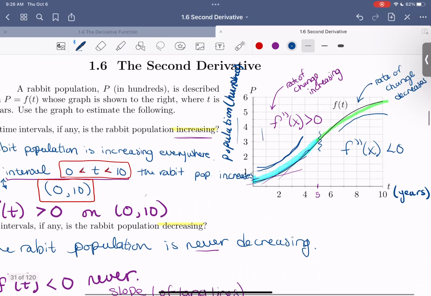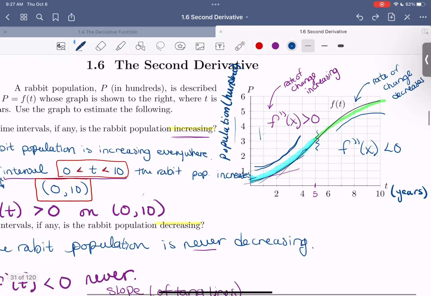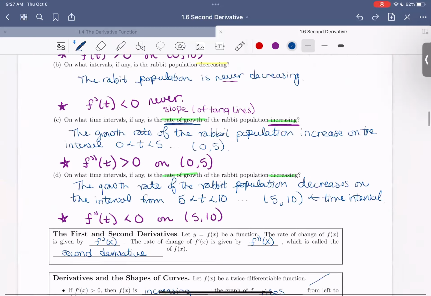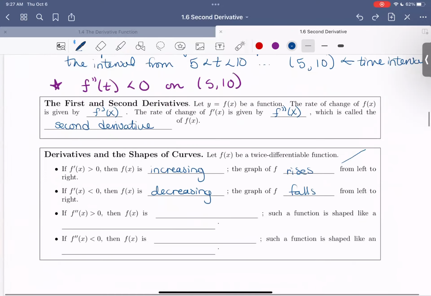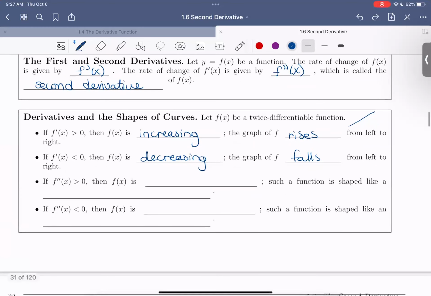If there were water that falls in a concave up graph, the water would stay. But if water falls on a concave down graph, the water would all fall down. Using that language, we see that if f double prime of x is bigger than 0, then f is concave up. Such a function is shaped like a right side up bowl.